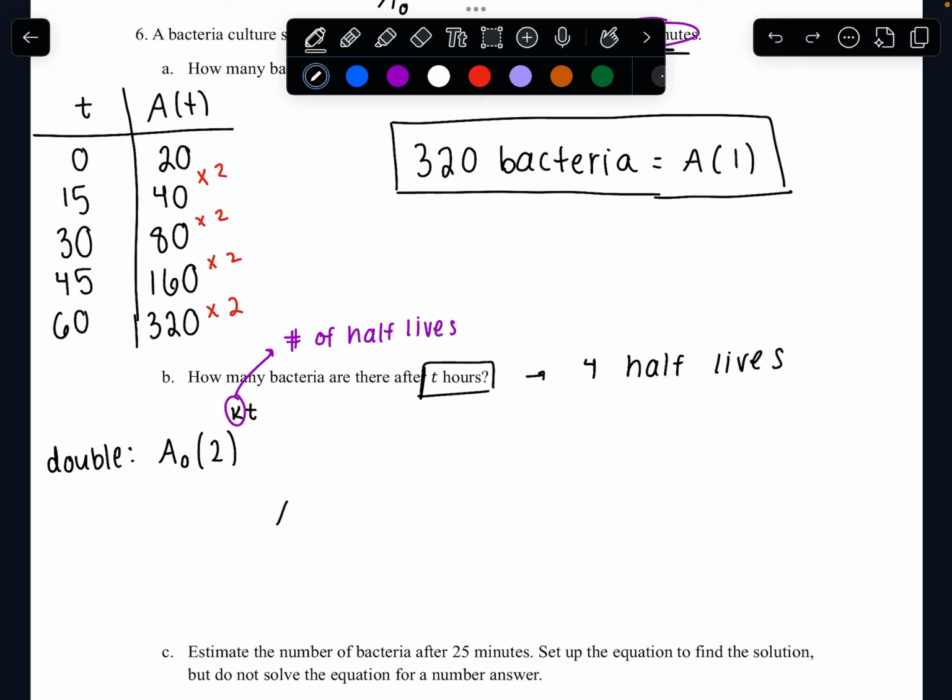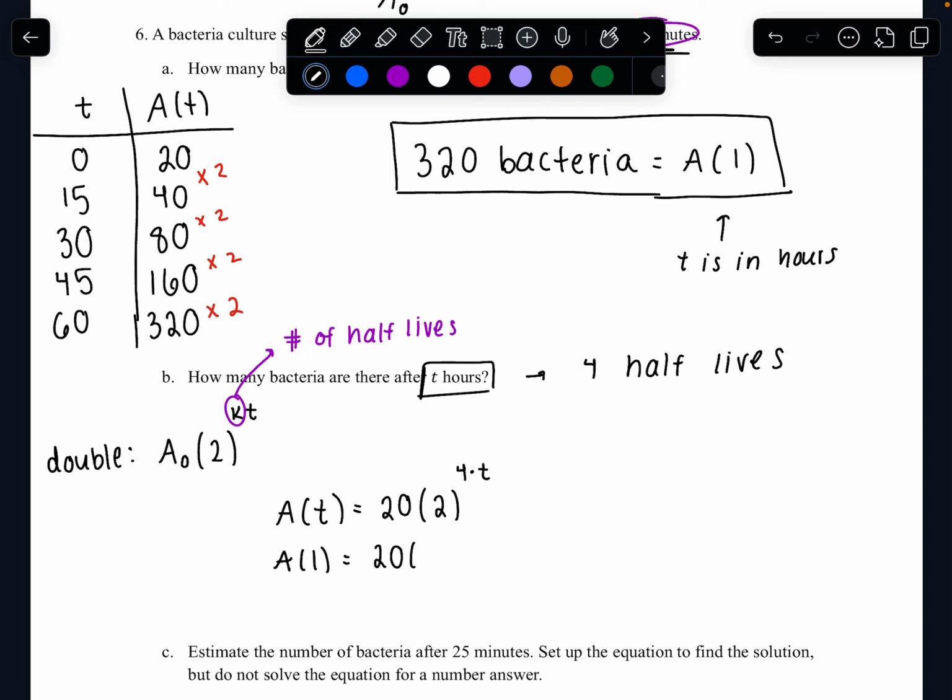So that means the amount after a given time is going to be A naught times 2 raised to the 4 times T. Let's double check to make sure this makes sense. We said A of 1, given that T is in hours, we had 320 bacteria. So if I plug 1 into this equation, I should get 320.